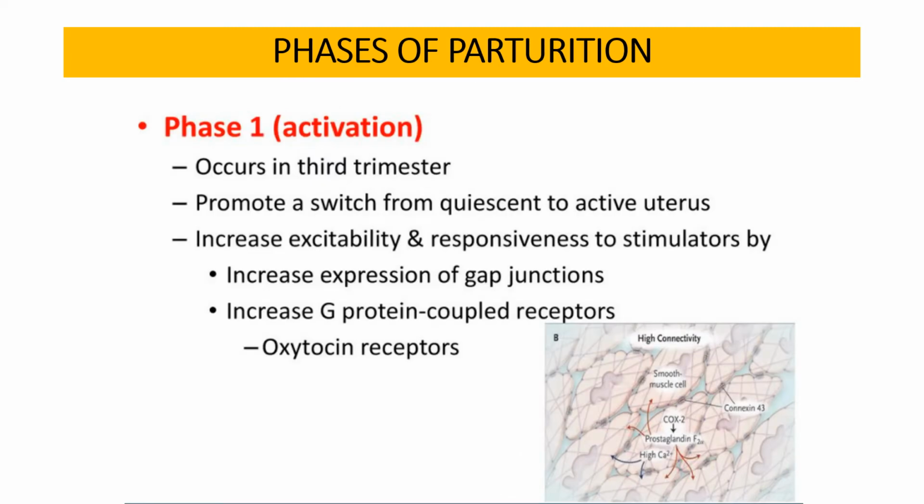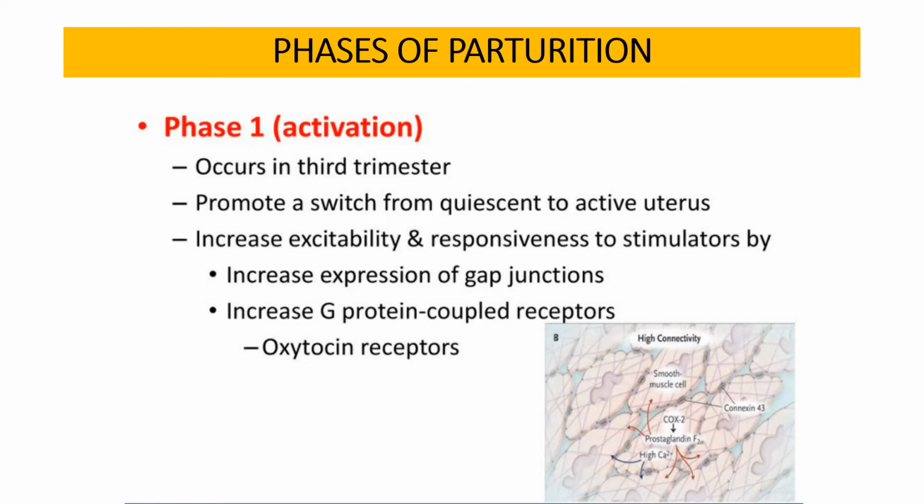Phase 1 occurs in the third trimester, not exactly during labor. This promotes a switch from quiescent to active uterus. There is increased excitability and responsiveness to stimulators because there is increased expression of gap junctions. There are increased G protein coupled receptors. And what are the G protein coupled receptors?